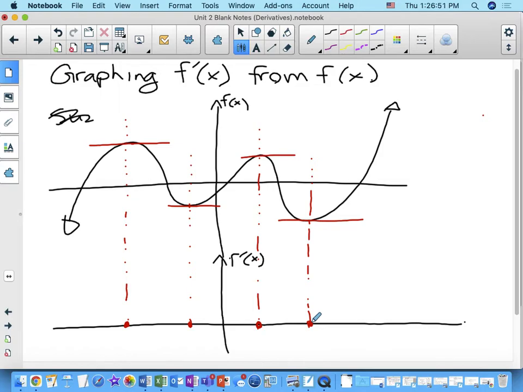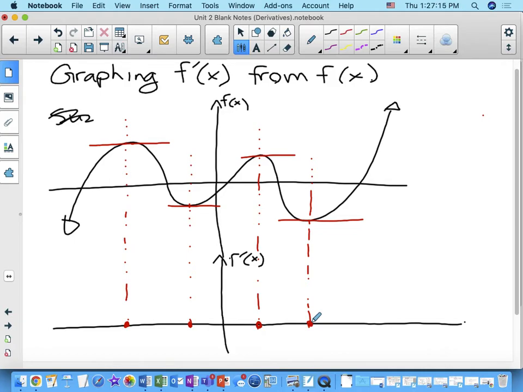Okay, the next thing I'm going to do is look at the sign of the slope. I've kind of divided this into 1, 2, 3, 4, 5 chunks. I'm going to look at the sign of the slope in each chunk. So this piece over here, what's the sign of the slope here?